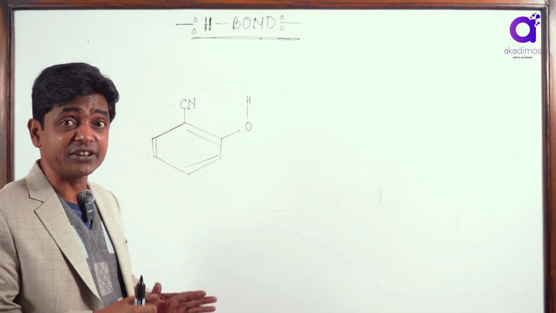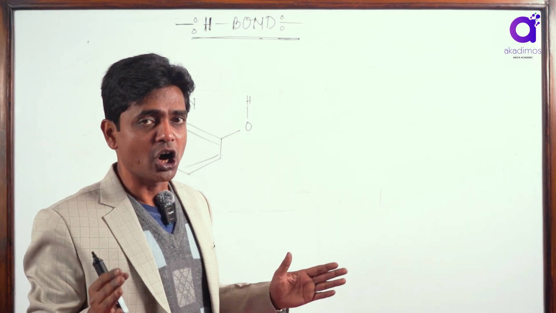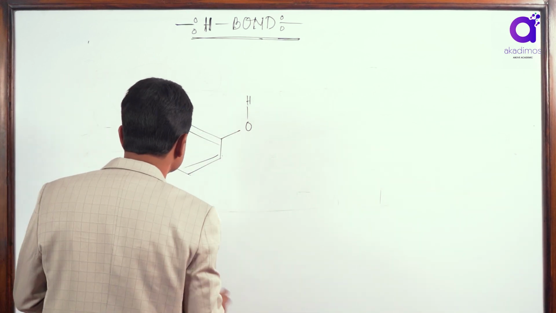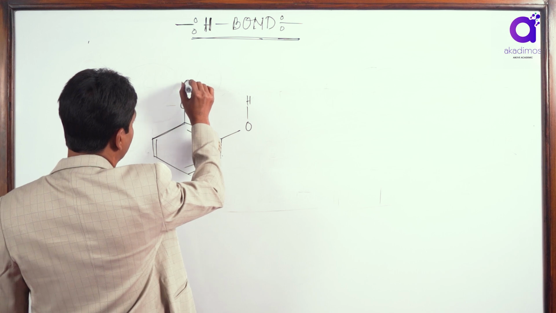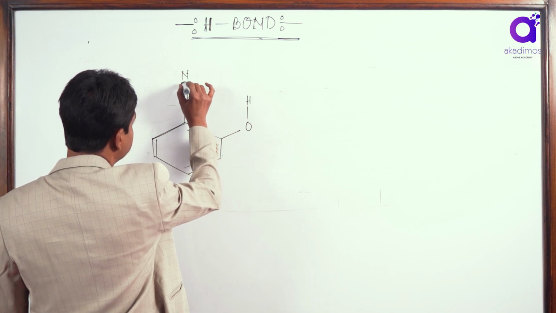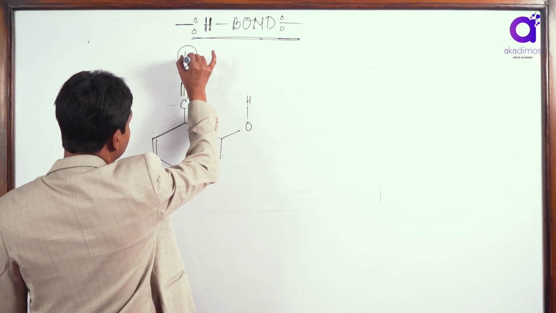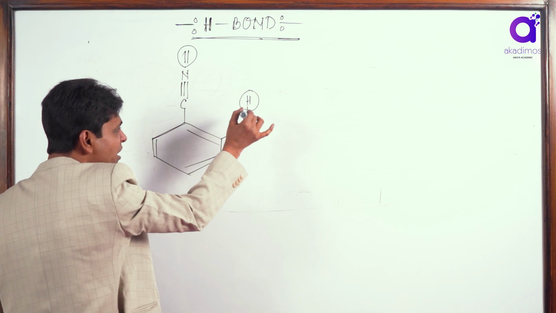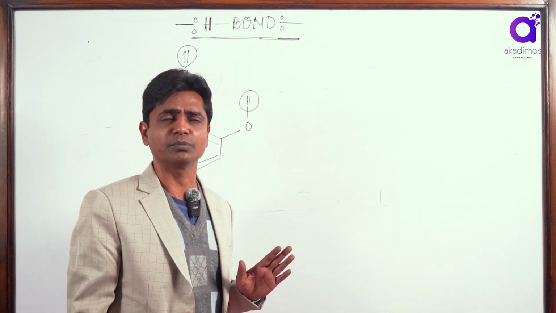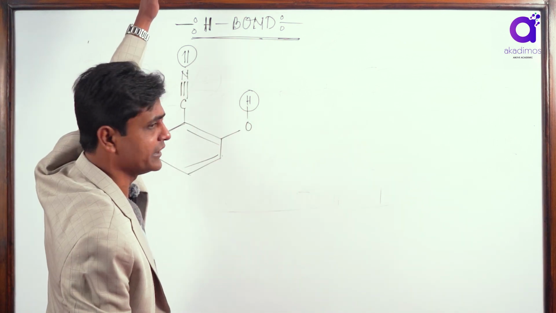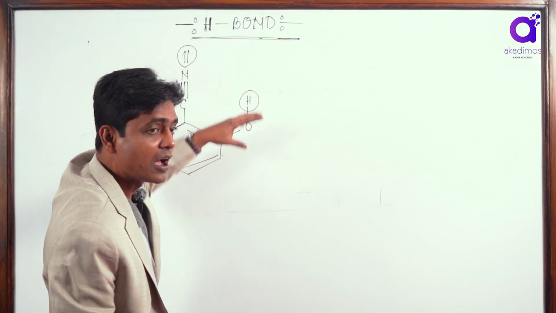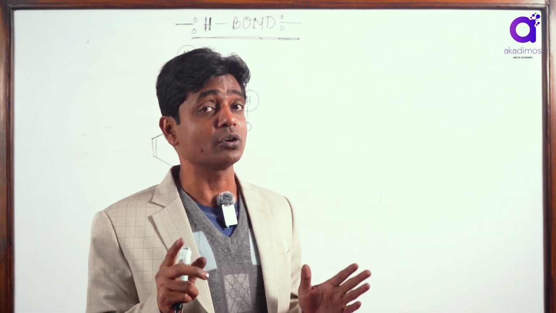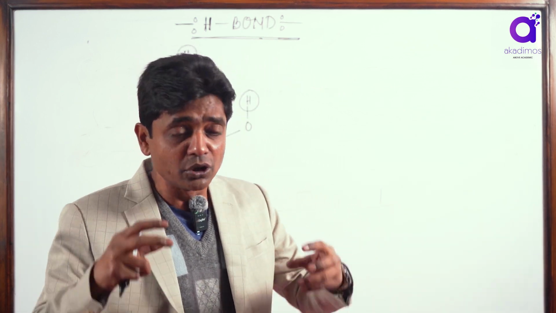But remember, if I draw the structure of ortho-hydroxybenzonitrile, the structure is C triple bond N and it is linear, sp hybridized. The lone pair is oriented along this direction, and this orientation never supports forming the intramolecular hydrogen bond. Since the lone pair is oriented along the axis and the hydrogen is here, how can they overlap? Overlap will not occur effectively.